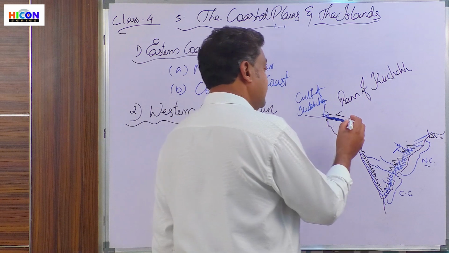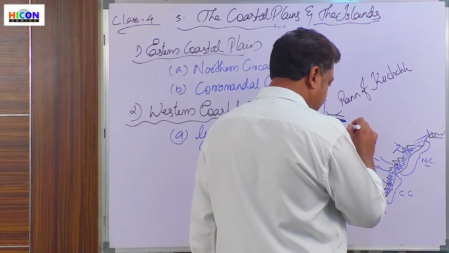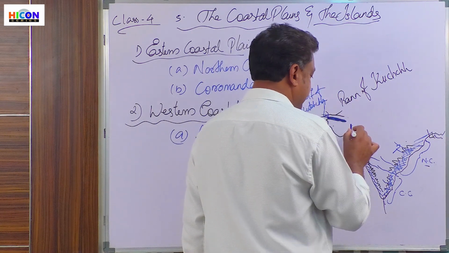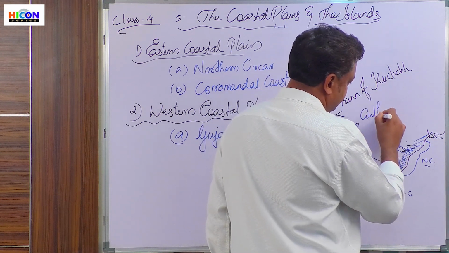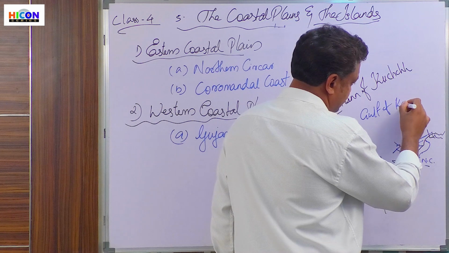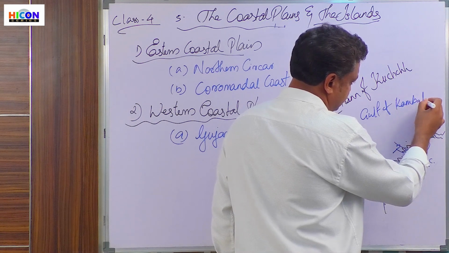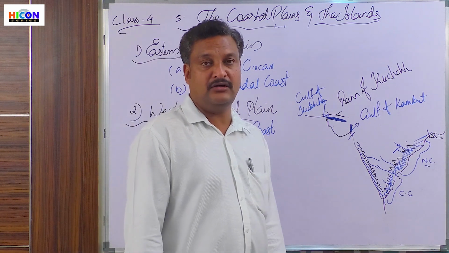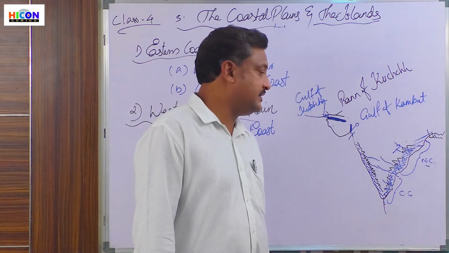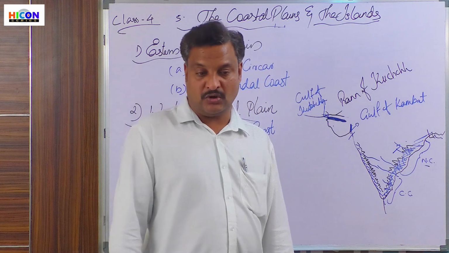And here we have another water inlet just like here, and this is known as the Gulf of Kambat. So the coastline on the coast of Gujarat is known as the Gujarat coast.